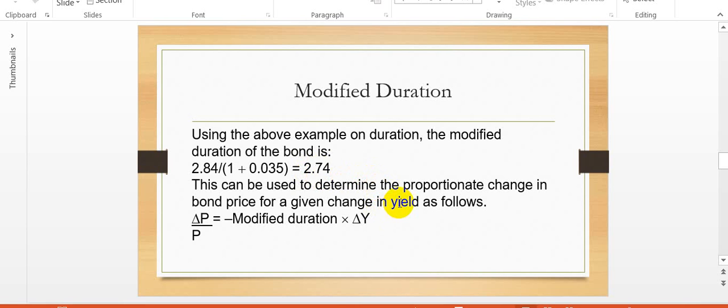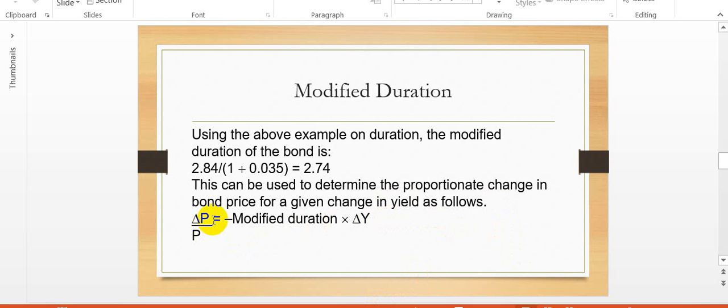So the modified duration can be used to determine the proportionate change in bond price for a given change in yield with the following formula. Again, another formula which you need to memorize.